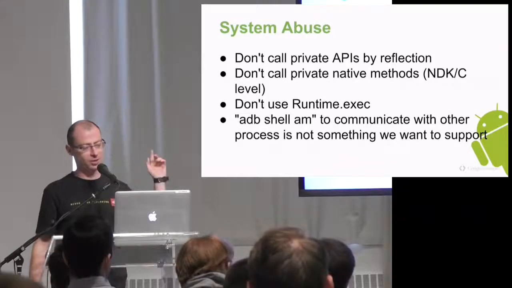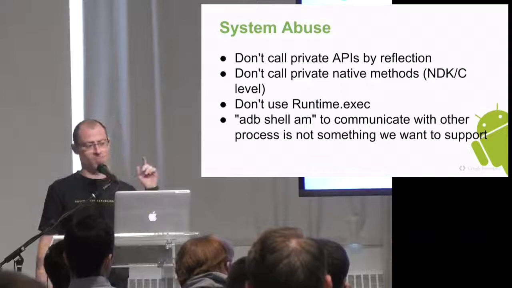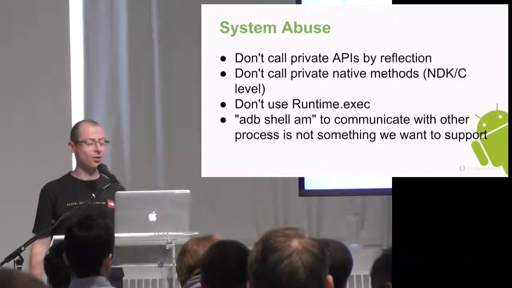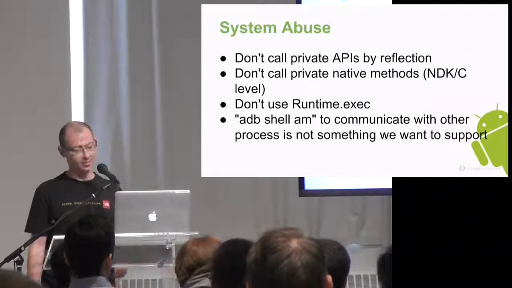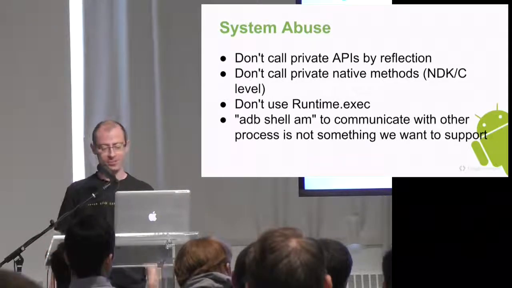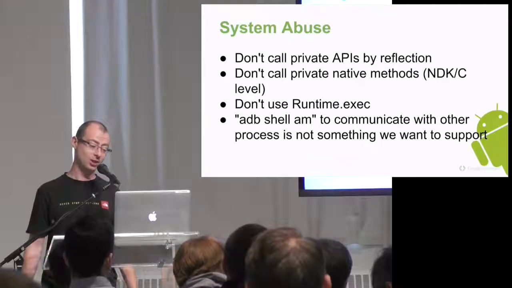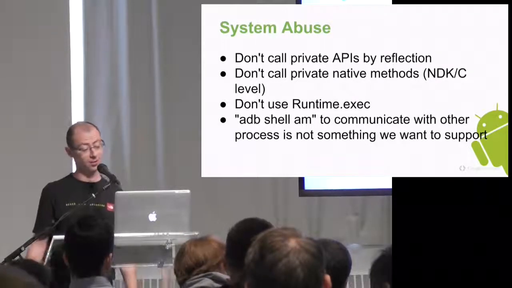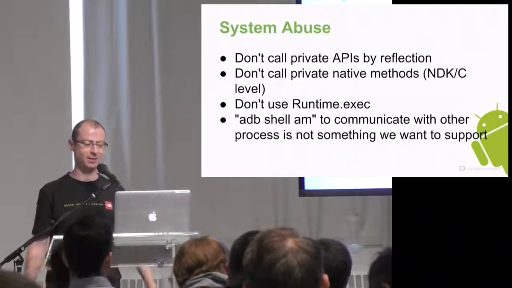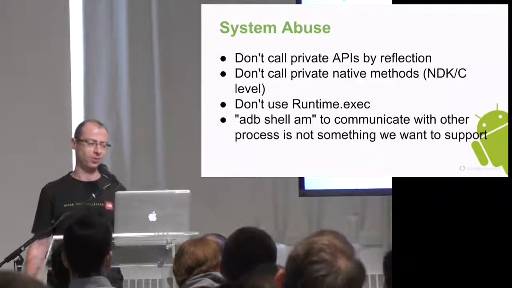And also, not only deprecation is bad, system abuse is bad. And this is going to be a classic example. Please don't call private APIs by reflection. Please don't call private native methods from the NDK and C level. Please don't use runtime exec to communicate with processes. And ADB shell AM to communicate with other processes is not something we want to support. I have seen zillions of bugs, especially when we introduced Android L, when we blocked this feature.